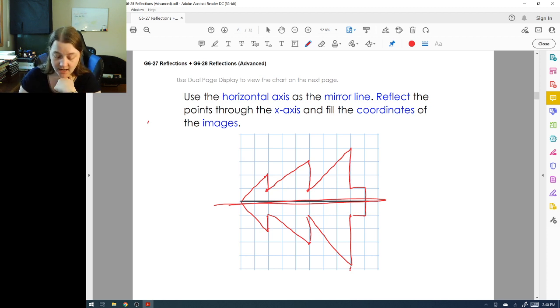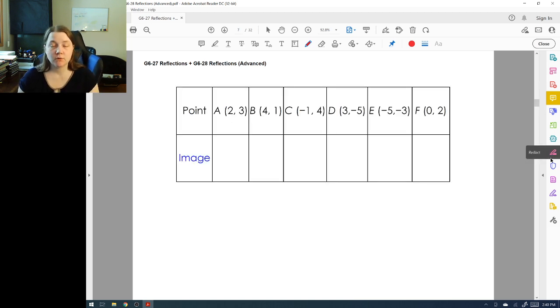This is changing how far up or down we are jumping. So in order to flip and find the reflected image, for point A we would say A dash, basically a little apostrophe right there. And that would still be 2, but now -3.